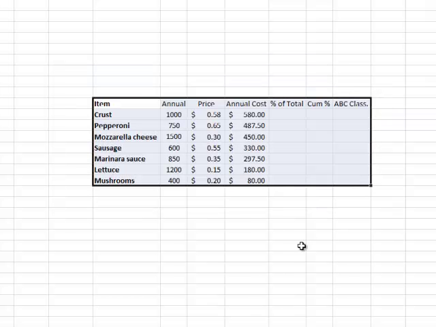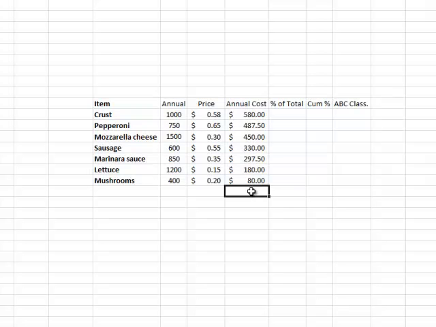Now I can see that crust is my highest inventory item, so by definition, that will be an A item. Mushrooms is my lowest investment, and by definition, that's going to be a C item. We need to go through the rest of the procedure to determine what the others are.